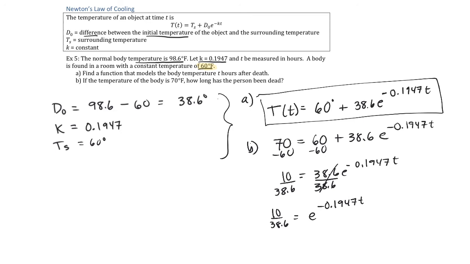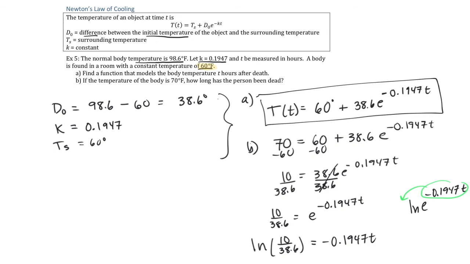0.1947 t. Taking the natural log of both sides, we would have ln of e to the negative 0.1947 t, but that gets to come out because it's an exponent in the argument, and be the coefficient times ln of e, but ln of e is 1.